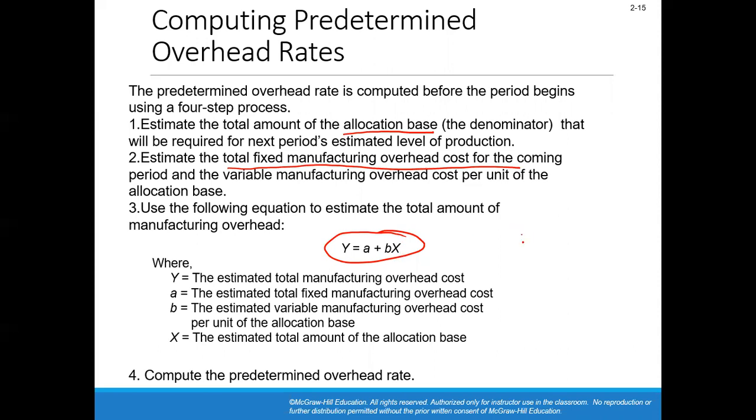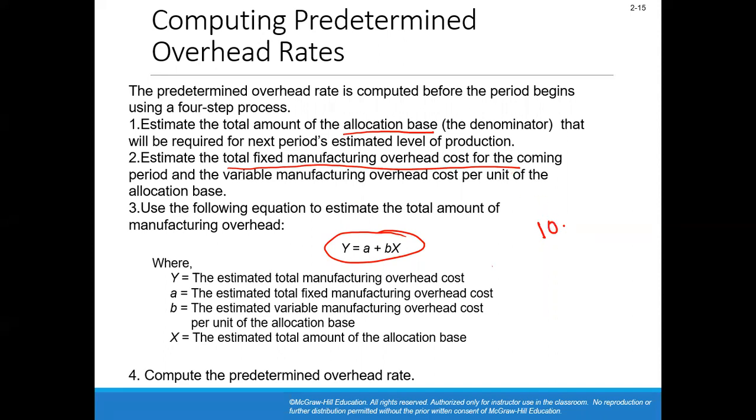Can you recall that I estimated 200? Okay, so let's assume that is the x number. X indicates that I will require 10,000, I mean the allocation base, here first.